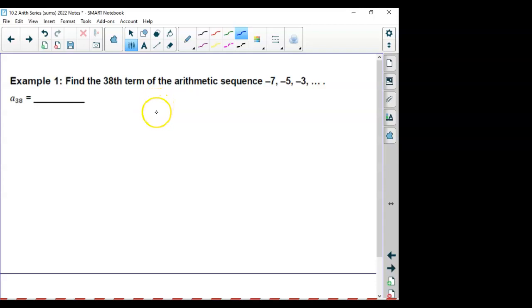Find the 38th term. Anybody remember how we did this? This is review from last week. Can you tell what the difference is? What are they doing every time, guys? D equals positive 2.